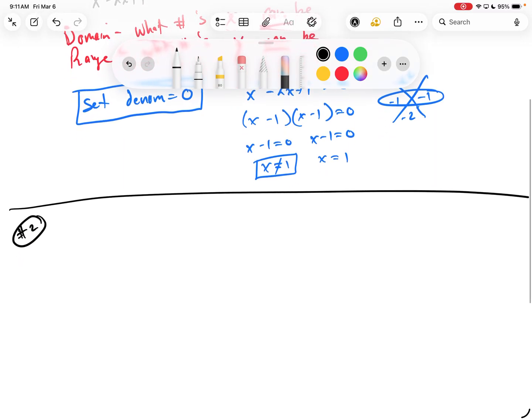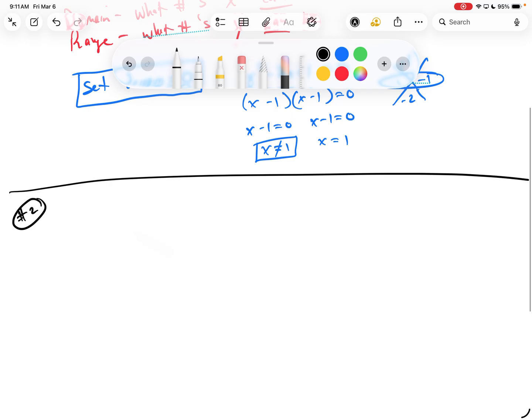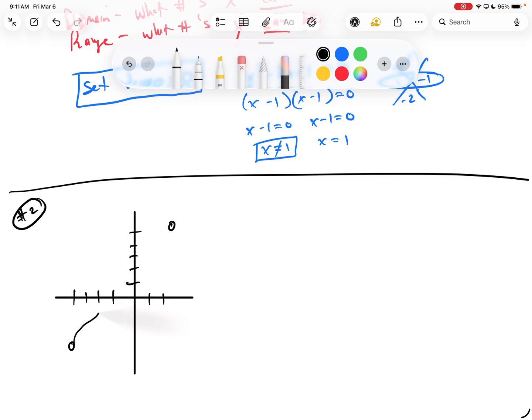Now here's the problem, I have a graph. I don't think there's a ton of graphs on here, but all right, so this is the picture we are given, and we're told to find the domain and the range.